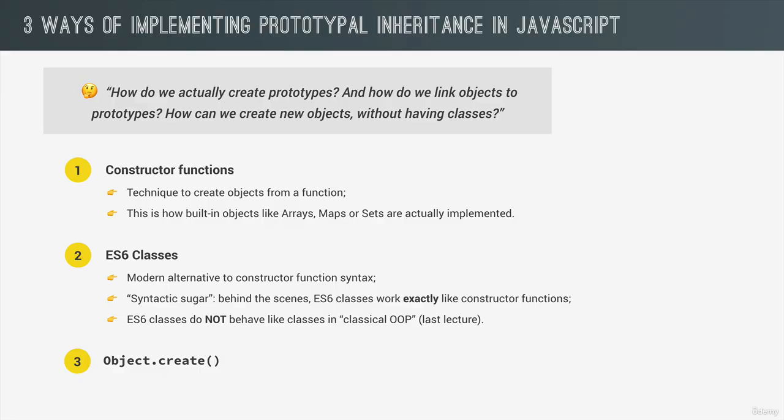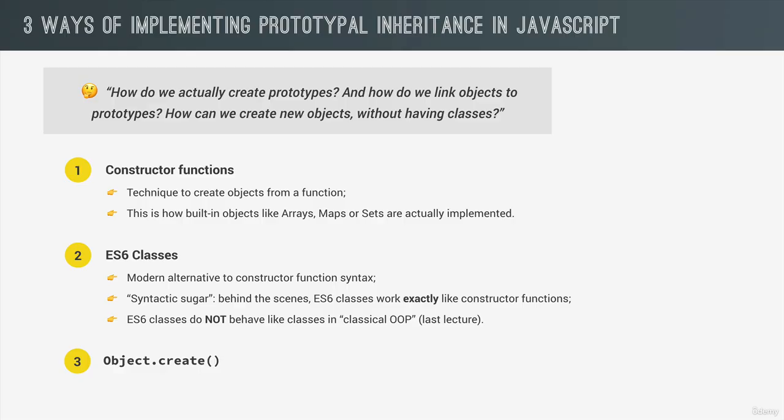So this means that ES6 classes are basically just a layer of abstraction over constructor functions. So it's really just a nicer syntax that makes it easier for newcomers to do OOP in JavaScript. But behind the scenes, ES6 classes are actually implemented with constructor functions. And so they also use prototypal inheritance, just like we learned in the last slide.